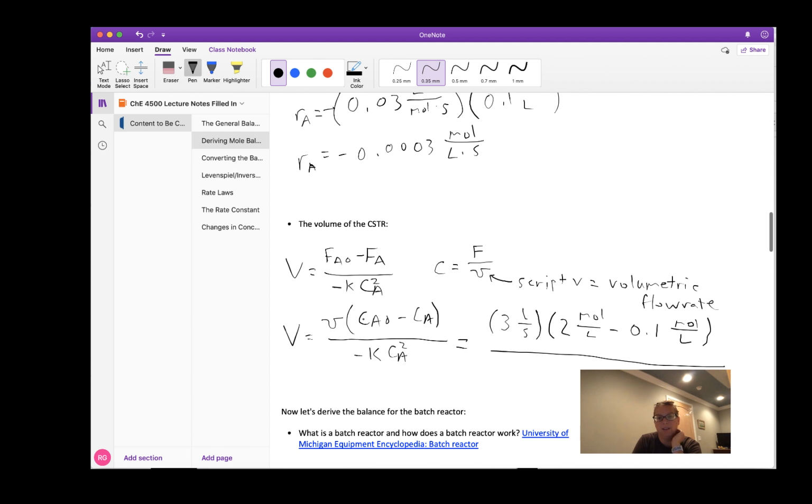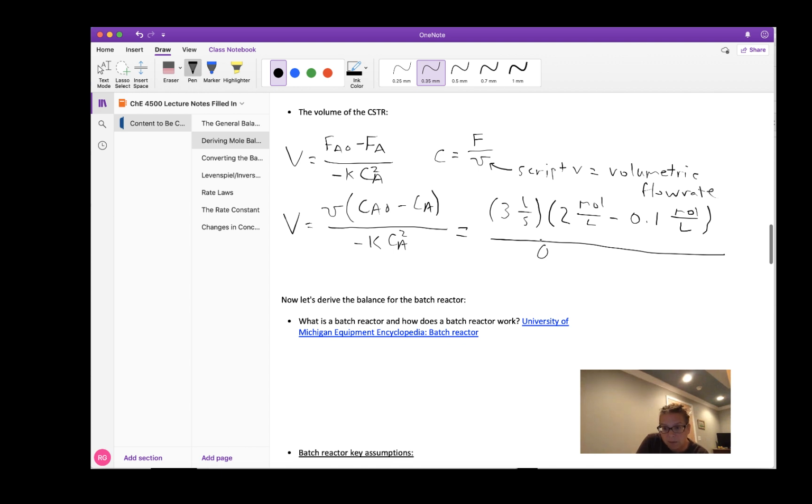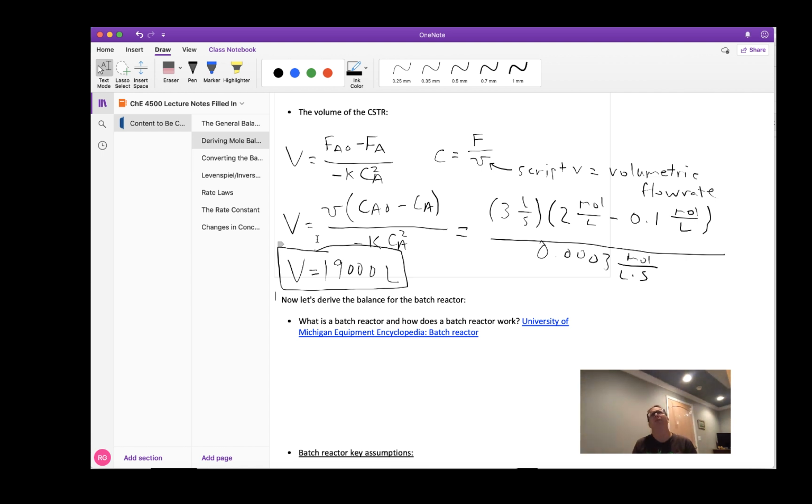That means the negative value of that is going to be positive. If I solve that, I get that V is equal to 19,000 liters. If I divide that by 4, that would be approximately what the volume would have to be in gallons.